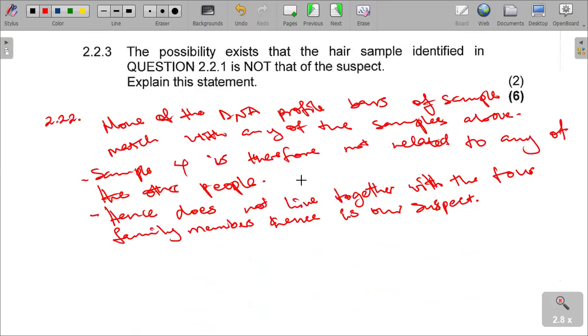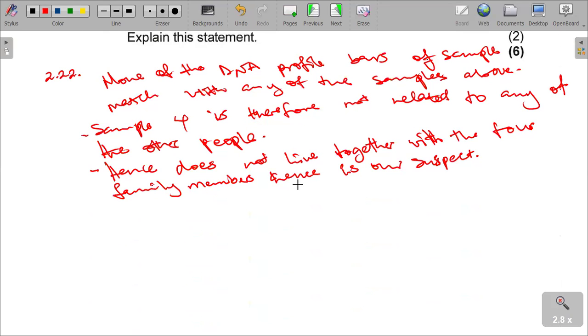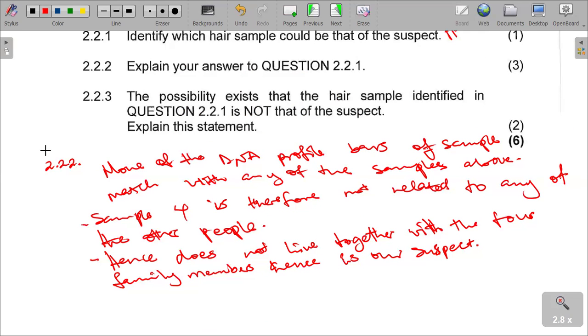We got a hair sample in the house, but how do we explain that the hair sample found in the house is not that of the suspect?